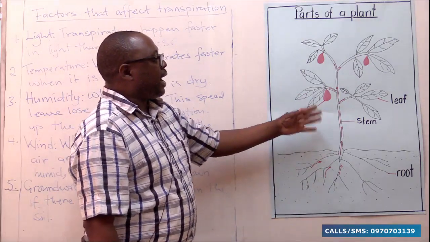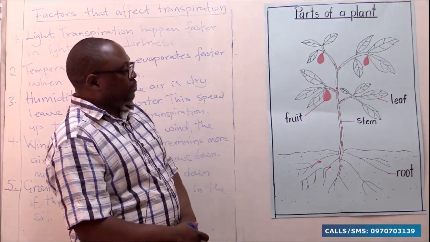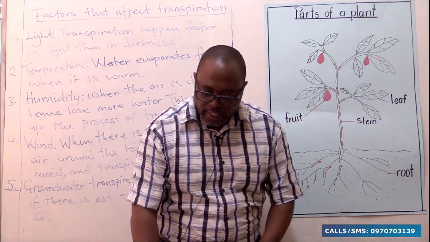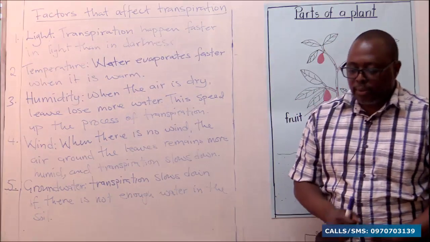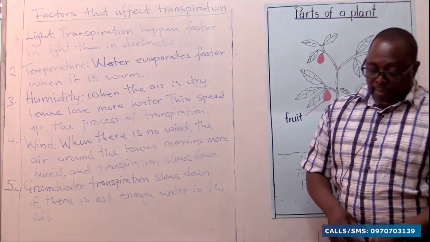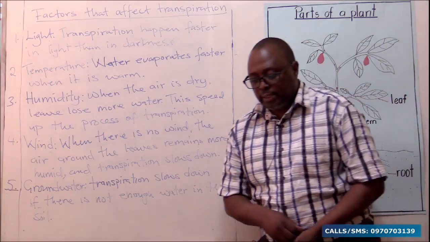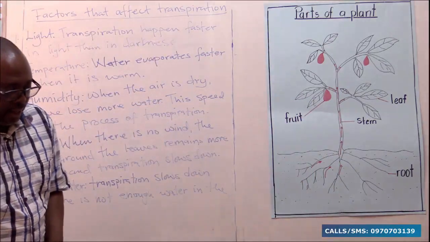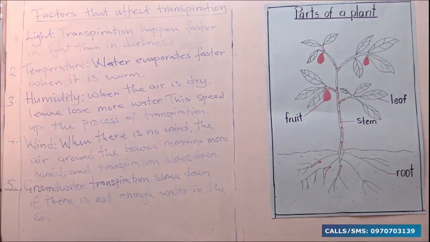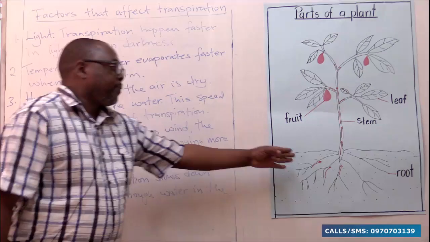So today we looked at the process of transpiration and some of the main parts of the plant that are involved in transpiration. We should remember that transpiration is the process where water is absorbed by the roots from the soil, pulled up through the stem, and then evaporates through the leaves into the atmosphere.